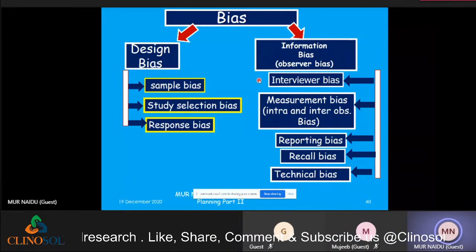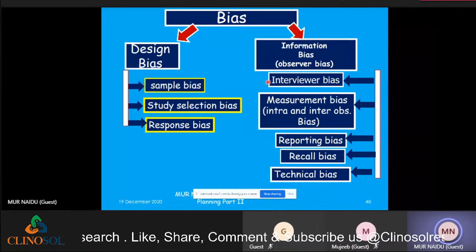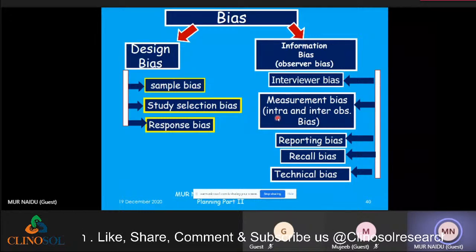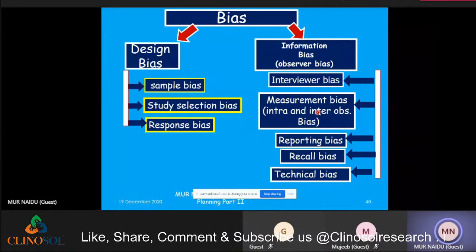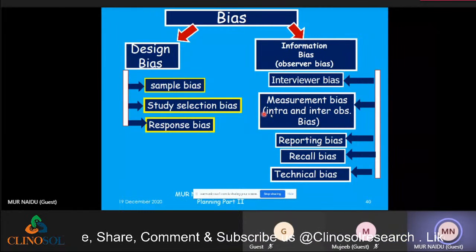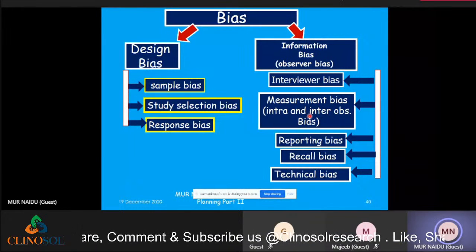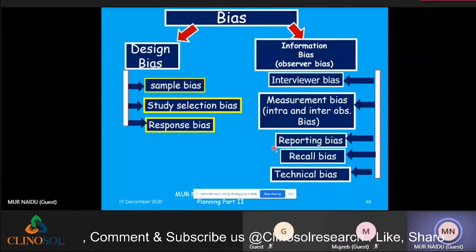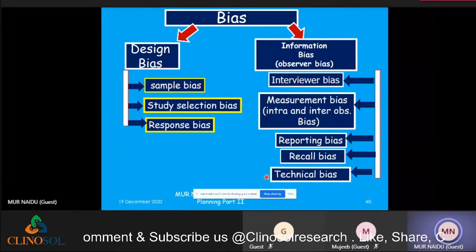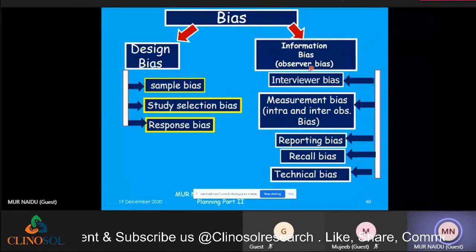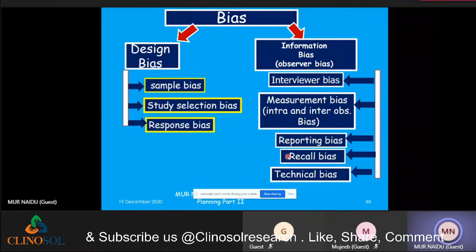You are using a wrong unstructured system, or measurement bias. An individual may be recording two times with a difference, or two individuals are recording the same thing differently, that is intra or inter observer bias, reporting bias, recall bias, or there may be a technical bias. So these actually come under the information bias. Few of them we will take.